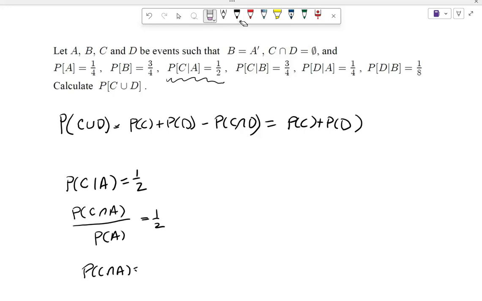If the probability of A is 1/8, or 1/4, I'm sorry. Guess I said the answer. It's going to be 1/8, isn't it? Because you have a 1/4 here in the denominator, I just multiply it to the other side. So 1/4 times 1/2 is 1/8.